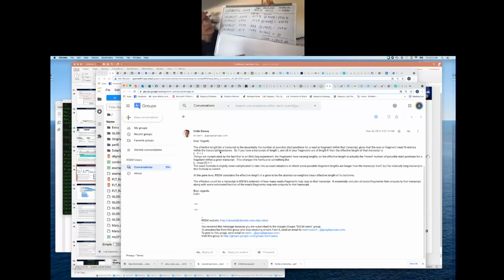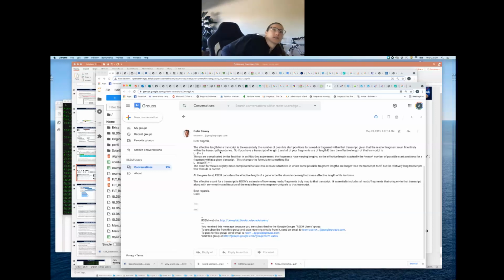Okay, so now let's complicate things a little more and talk about effective length. Effective length takes into account the weighted length, but then it also says, wait a second, how much of the total length of the transcript you could observe is dependent on the size of your fragments.